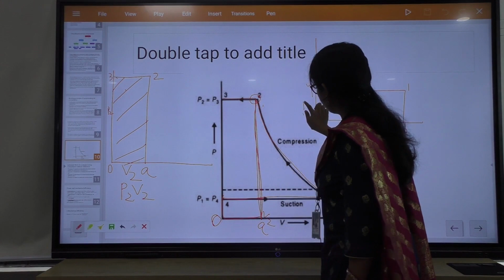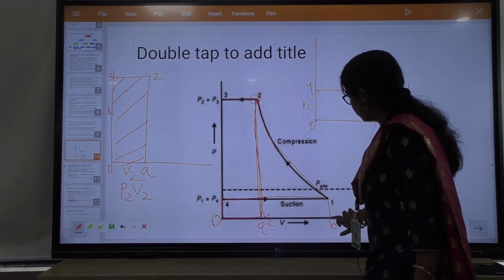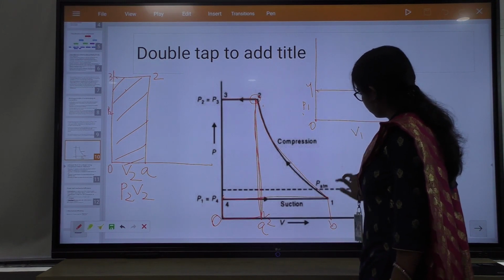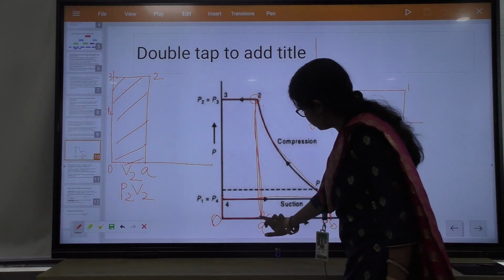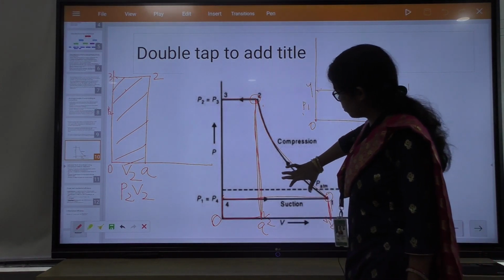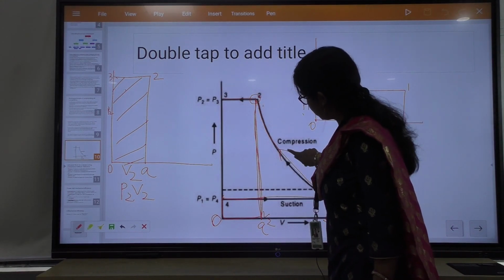This is P1, you know that this much pressure is P1, and this volume is V1, because this is point 1. At this point the volume is B1, volume is B2. Air is getting compressed from volume B1 to B2, from point 1 to 2 in this direction.